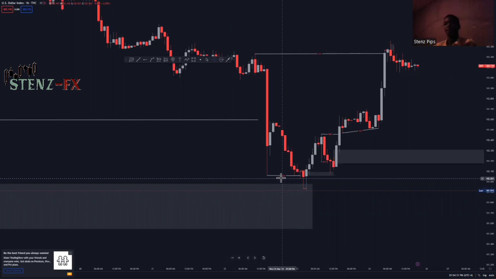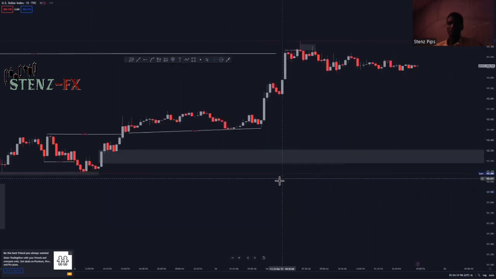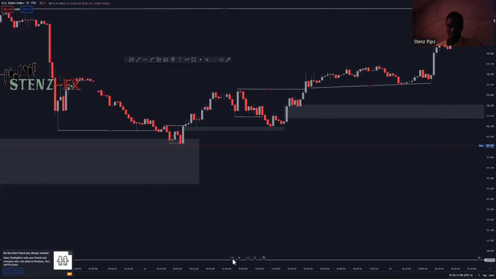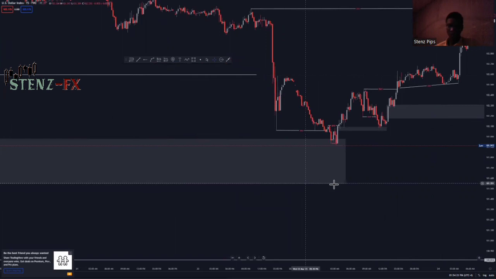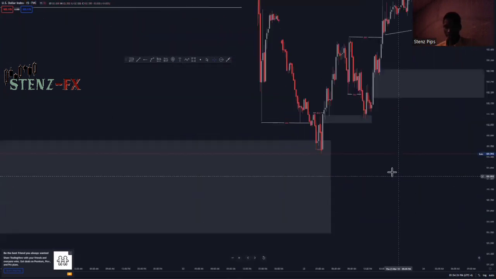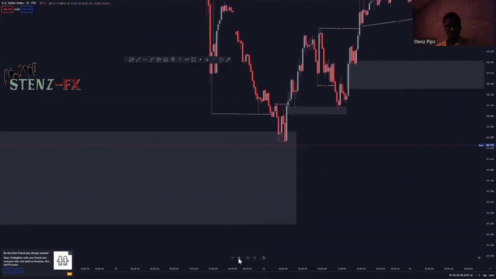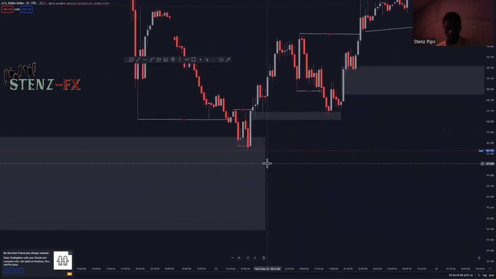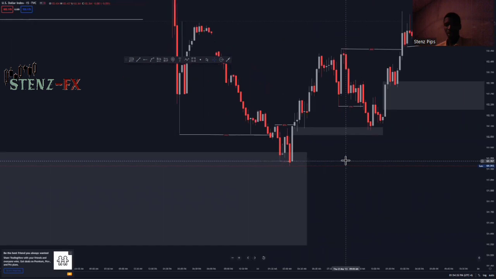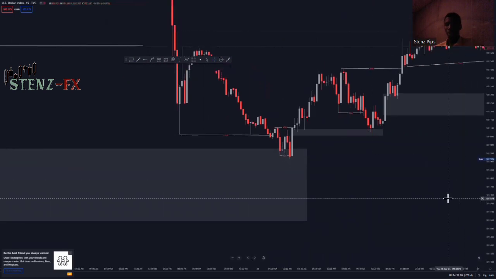So now I dropped down to my 15-minute time frame. I think that was from the 1 hour. On 15 minutes, you can see here, it's not that clear, but you can identify what's happening.